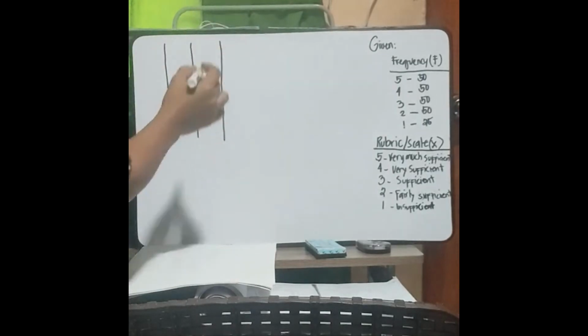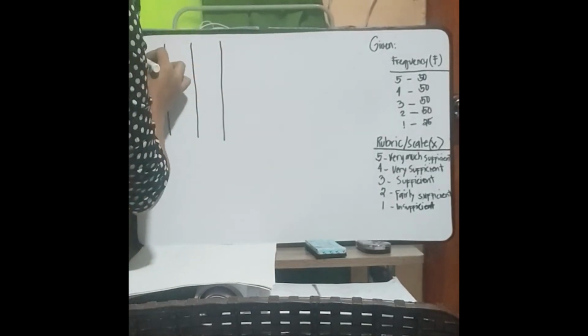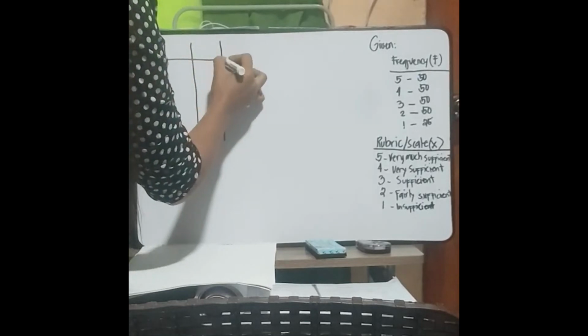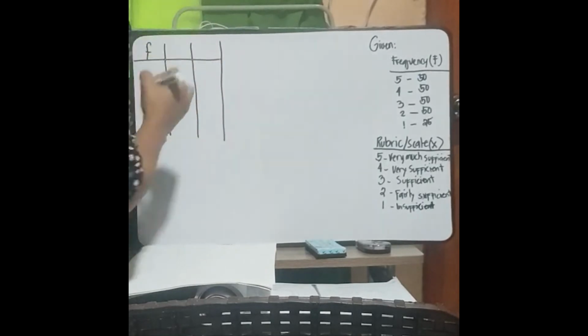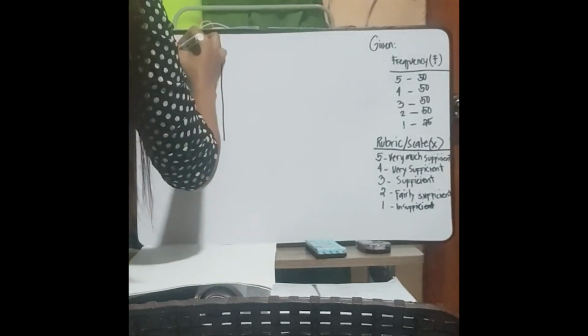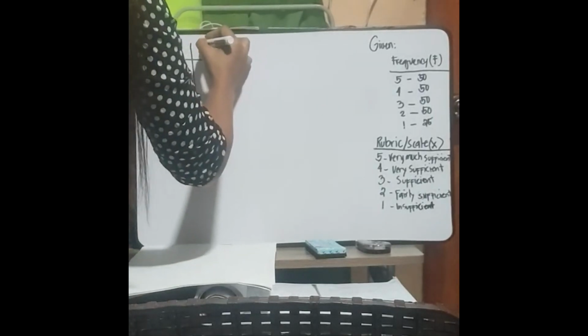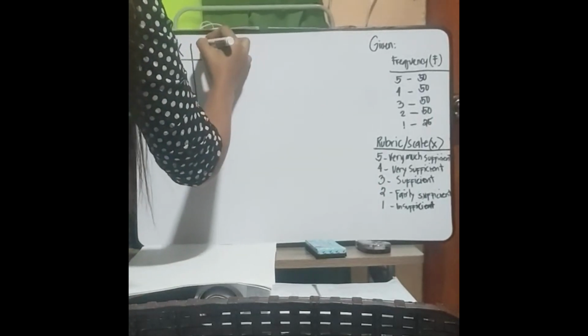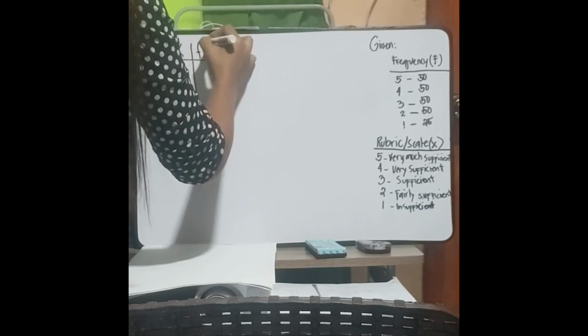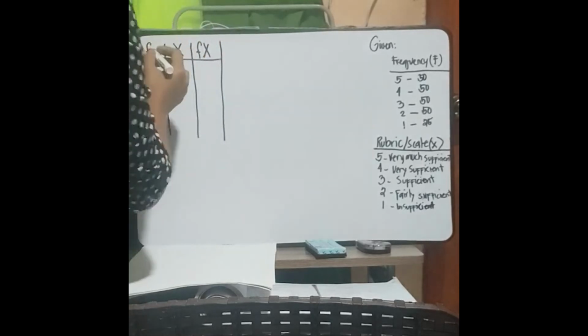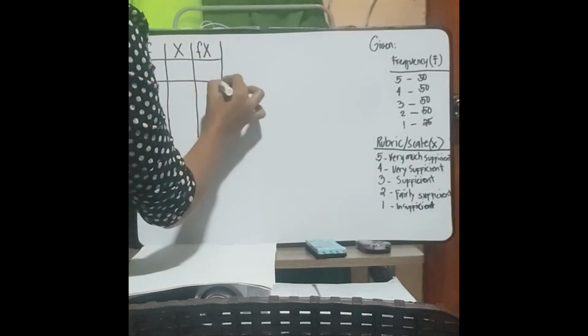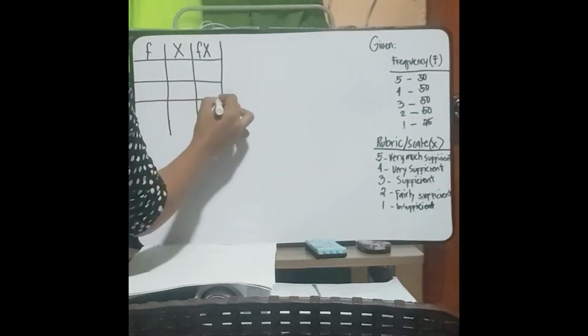Okay, so we have here our frequency. So we have our weight and the summation of frequency and weight, which is the F on X.